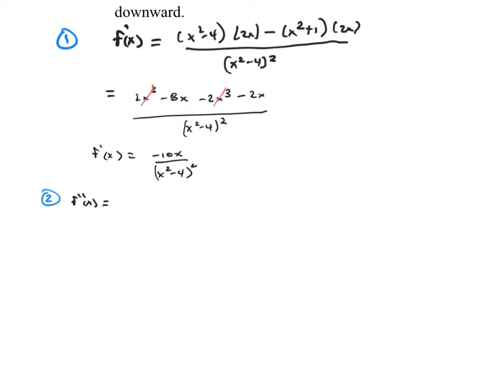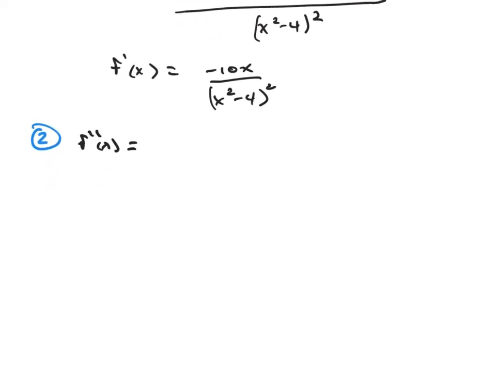I'm going to zoom in and concentrate on this real quick. So we're going to have the bottom function, the low function, x squared minus 4 quantity squared, times the derivative of the top. Well, the derivative of minus 10x is a minus 10. Minus the top, which would be a minus 10x, times the derivative of the bottom. This one's going to be a little more difficult because we need the chain rule. So what's the derivative of x squared minus 4 quantity squared?